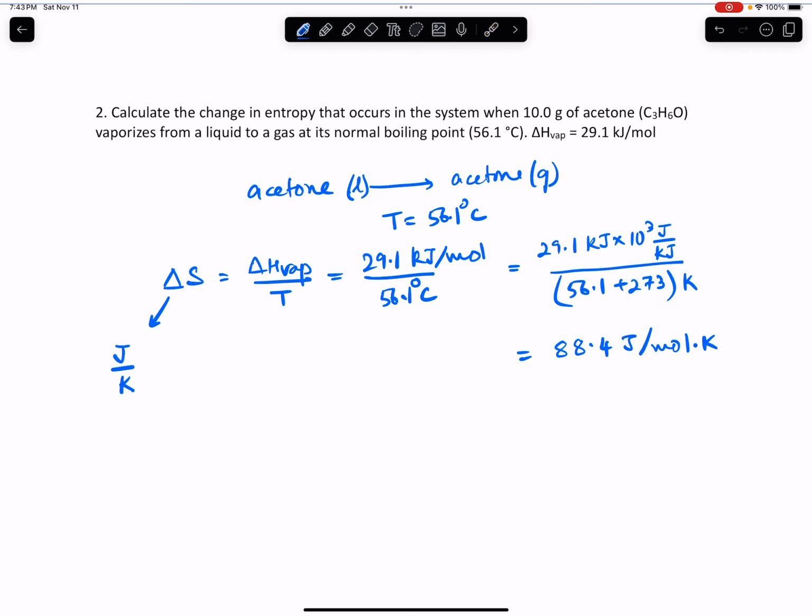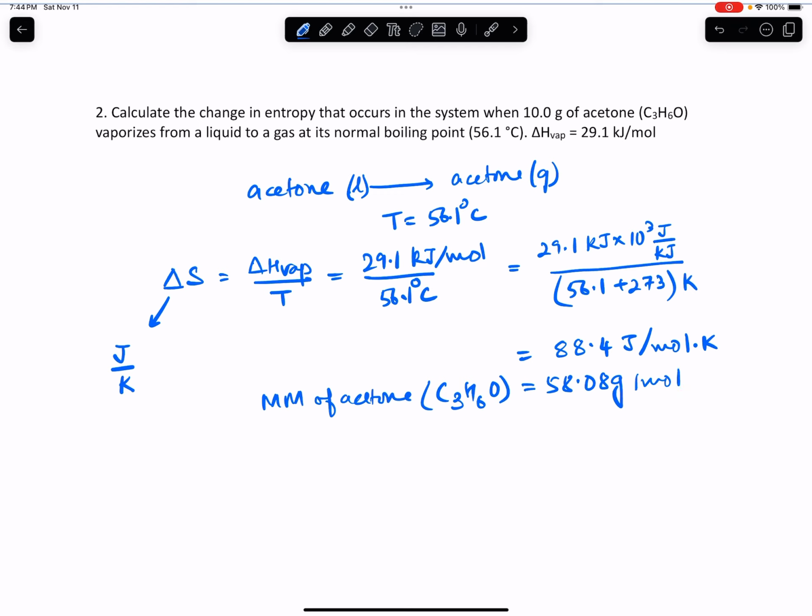So we basically have to factor in the molar mass of acetone. The formula of acetone is C3H6O, so the molar mass is going to be 58.08 grams per mole.